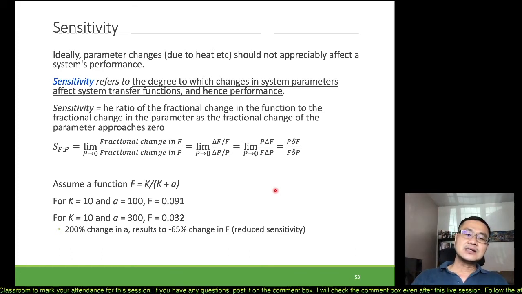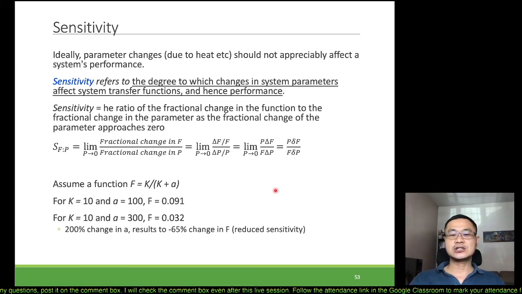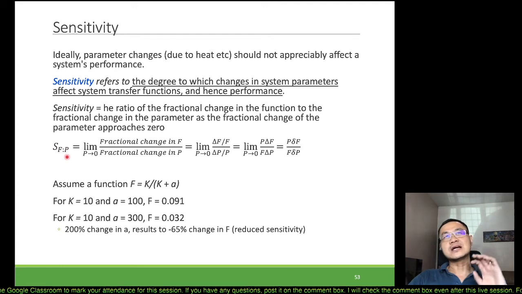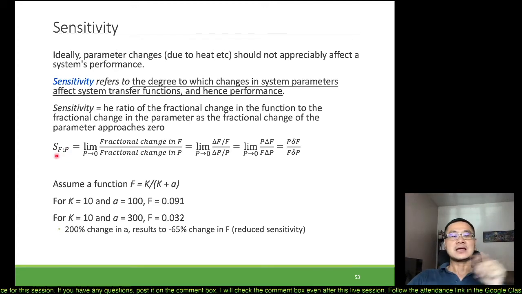This is how we use this kind of information for our design knowledge at a later stage. The sensitivity in terms of control, we would define as the ratio of the fractional change in the function f, compared to the fractional change in the parameter p. So we would use the notation f to p.